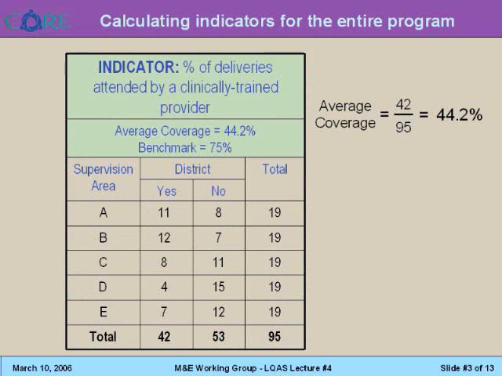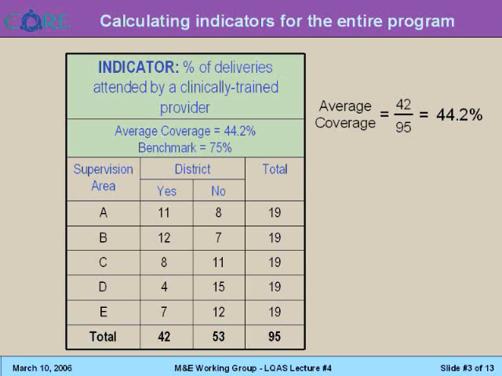As you may recall from our first lecture, this is a table that summarizes one indicator being analyzed: the percentage of deliveries attended by clinically trained providers in our program area. To calculate this coverage estimate, we identify all the correct responses in each of the supervision areas, and based on the total sample size, we come up with an average coverage, which is an estimate for the entire program area, as we aggregate data from each of the supervision areas where we collected this information.